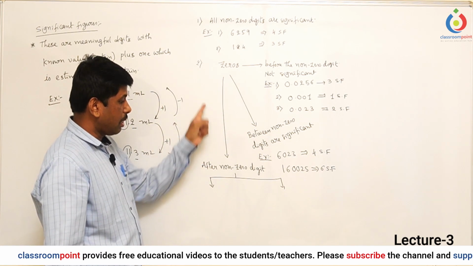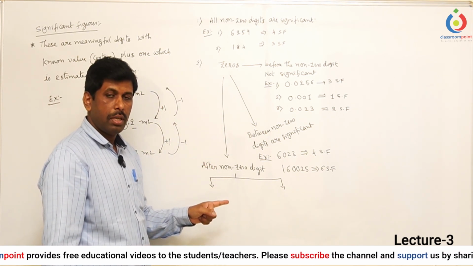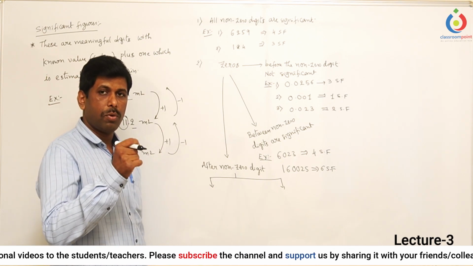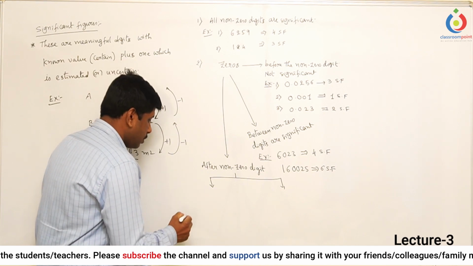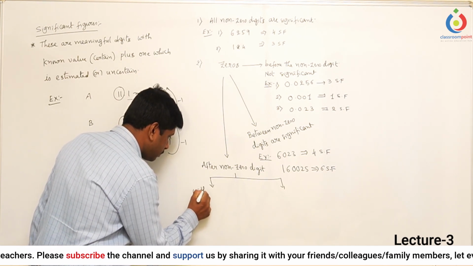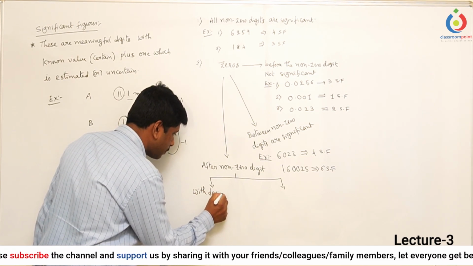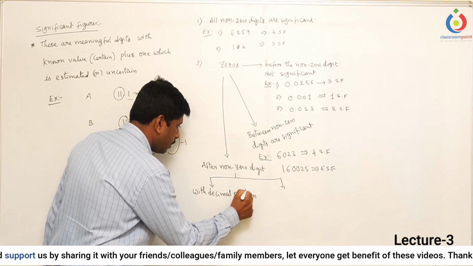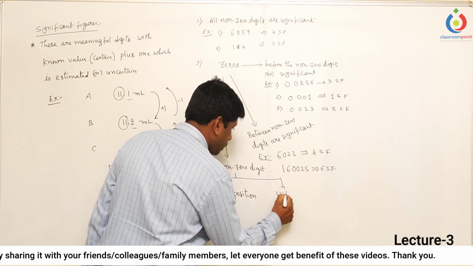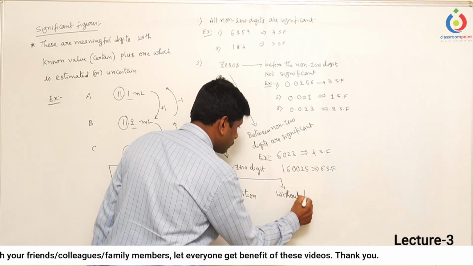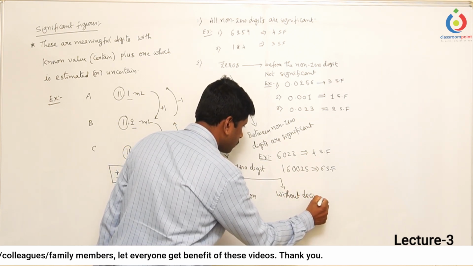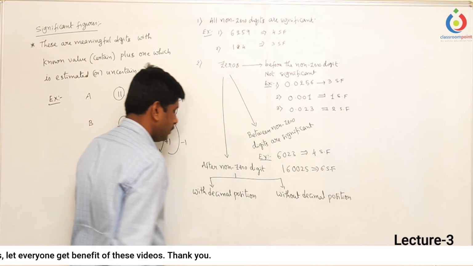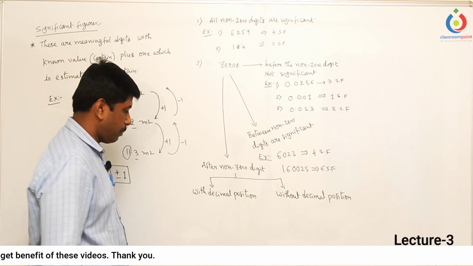Zeros coming after a non-zero digit, with the decimal position, meaning the decimal point has to be there, and the second one is without the decimal position. Let us take first the case with the decimal position.